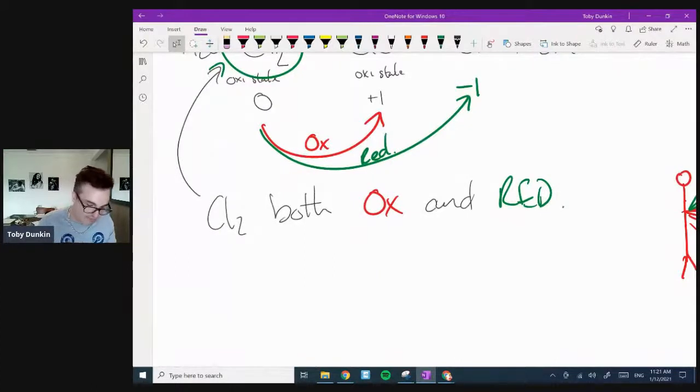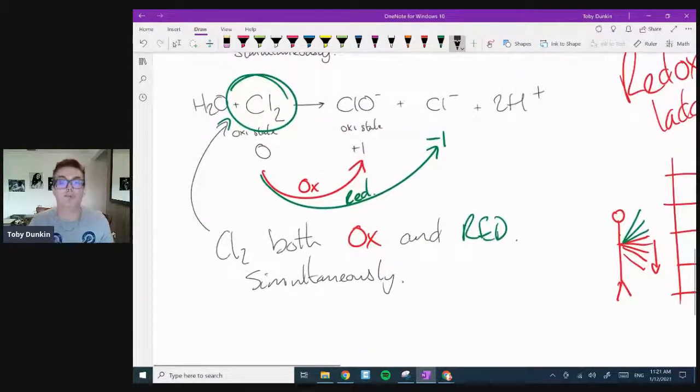Cl2, both ox and red simultaneously. So that one is your first example of a disproportionation.